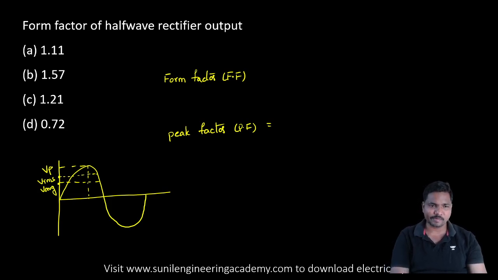So the maximum value is 100%, VRMS is 0.707, that is 70.7%, and the average is 0.63, that is 63%.